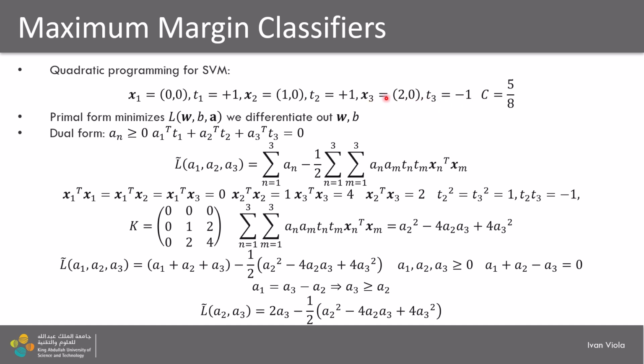So trivially, we can see here that 2 points are on one side and 1 point is on another side of the decision boundary.